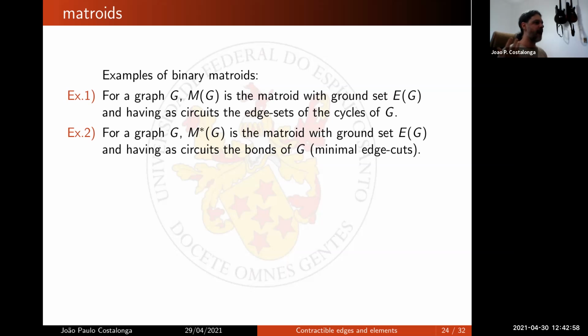What's a bond? A bond is a minimal edge cut. So now forget about planar graphs. For general graphs, you may have another matroid whose ground set is the same set of edges, but the circuits now are the bonds of the graph.